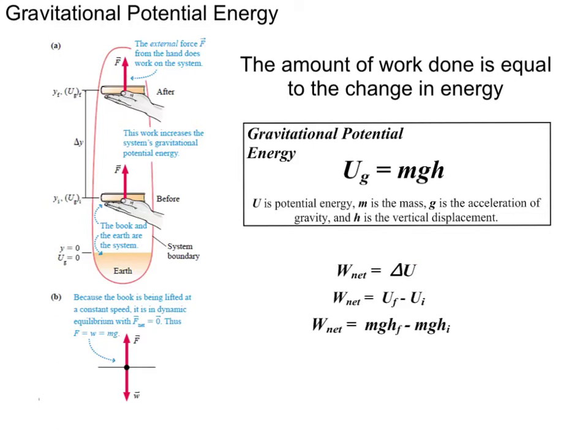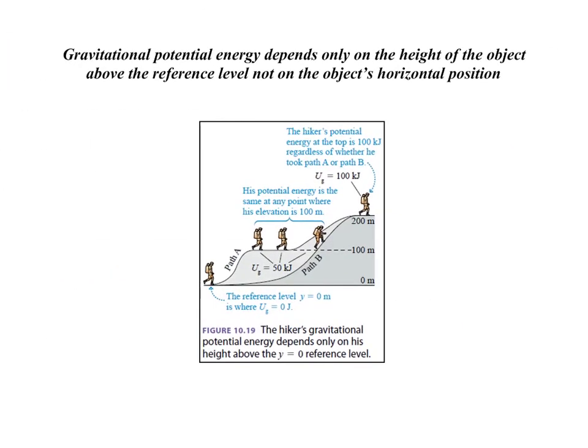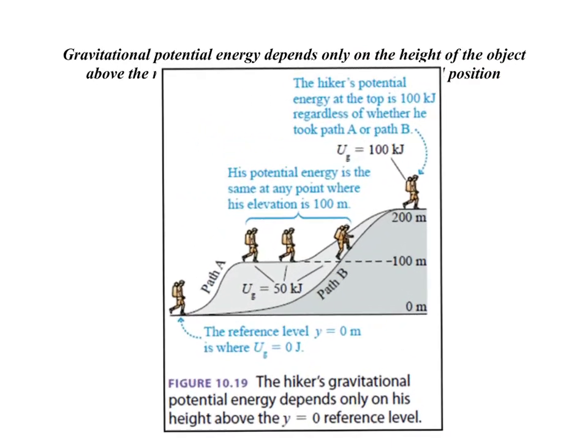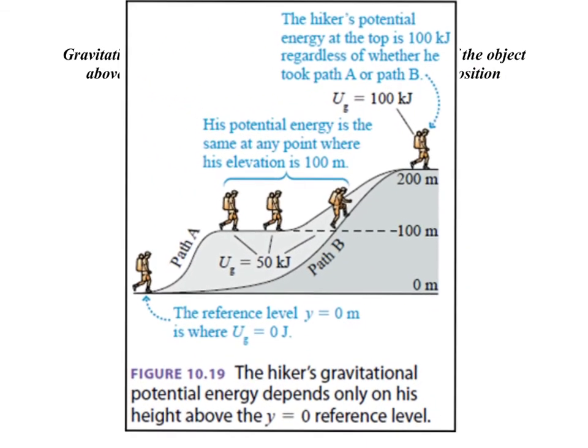Now, it's going to be important for us to understand that gravitational potential energy depends only on the height of the object above a reference level and not on the object's horizontal position. Consider this 51 kilogram hiker. His gravitational potential energy depends only on his height above the ground.